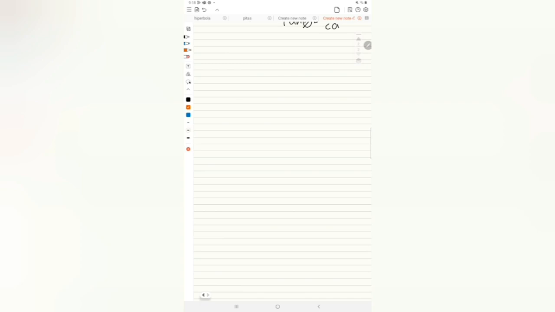Now we're going to do exactly the same but with the cotangent. We have that the cotangent is equal to the cosine of the angle divided by the sine of the angle.